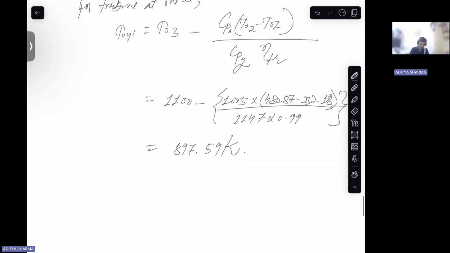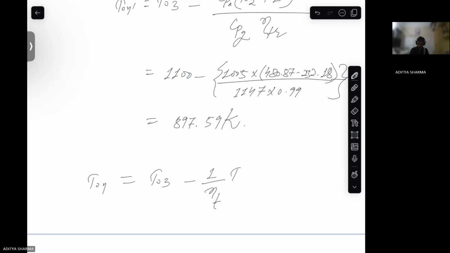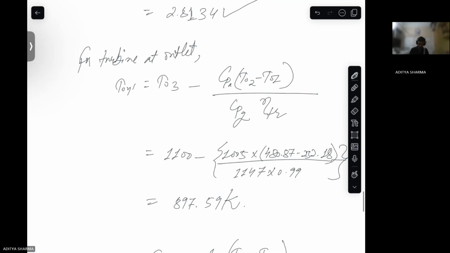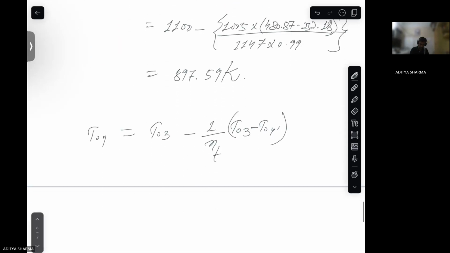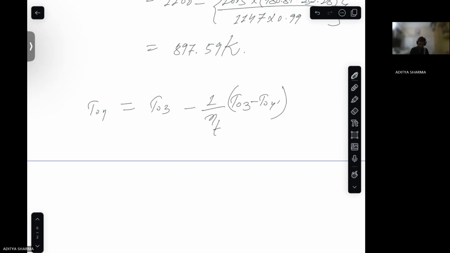Then from here you can calculate T naught 4, because you want to calculate T naught 4. So for T naught 4 the formula is this. From the definition of turbine efficiency, you can calculate.